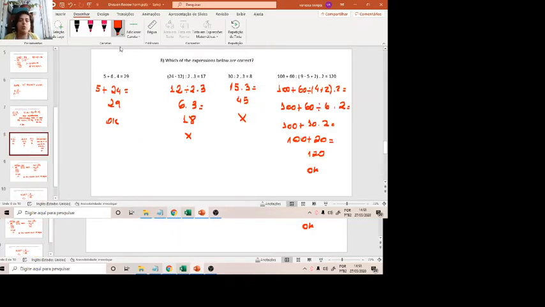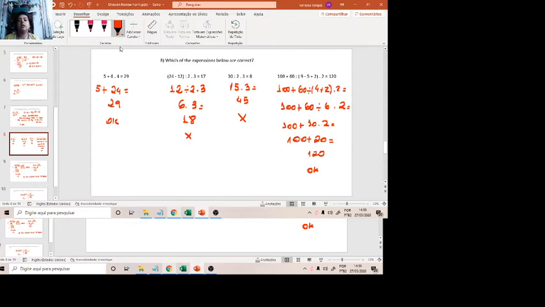Question 8. Which of the expressions below are correct? Look, I start here. The first expression, 6 times 4 is 24. 24 plus 5 is 29, and it's correct, this expression. I found what the expression said. Then 24 minus 12 is 12, divided by 2 is 6, 6 times 3 is 18, and it said it was 17, it's wrong.